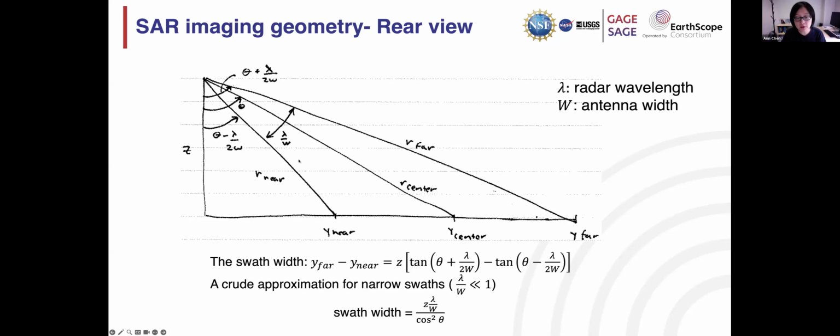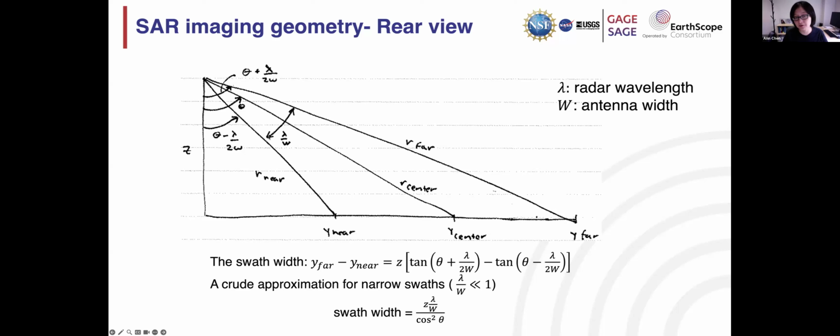And we know the antenna pattern, so based on this imaging geometry, as well as the width of the antenna, if you're assuming a rectangular antenna, we can calculate the swath on the surface. We have a simplified equation here. Z is known, theta is known, and lambda is the radar wavelength.